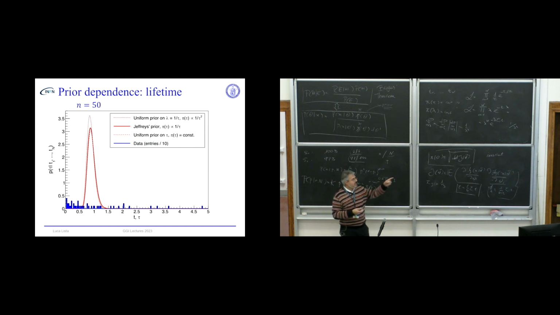In this example where we consider the lifetime, is the lifetime the parameter where, for me, every value has the same prior probability, or is it the width, the inverse of the lifetime, which has the same prior probability? So defining the prior in the correct way is an issue. Maybe we should consider the mass of a particle as the parameter we are ignorant about, or the logarithm of the mass? Maybe we want to use a logarithmic scale.